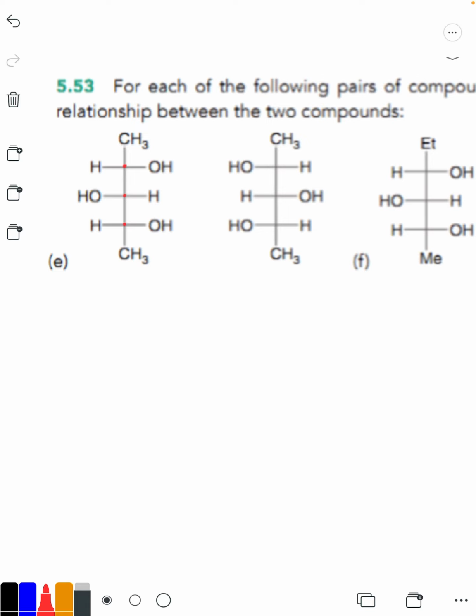Both the top and the bottom terminate in methyl groups, and so we have to be careful here on this one. But what we're going to see when we go through this is that the stereocenters do in fact change in each case. And so when we look at it and we say, just comparing here at carbon 2, we had the hydroxide drawn to the right, and now it's to the left.